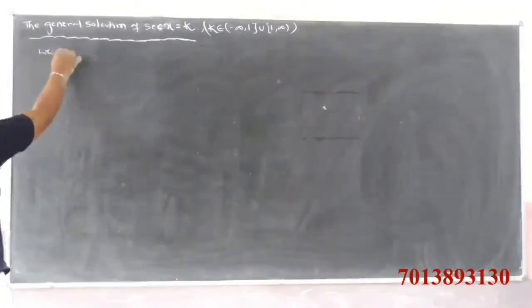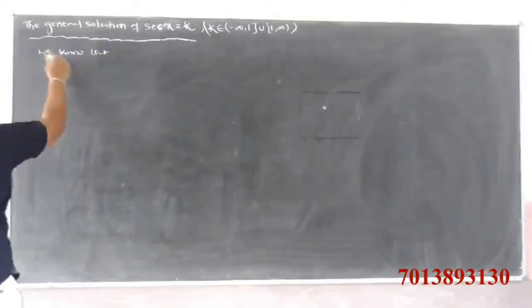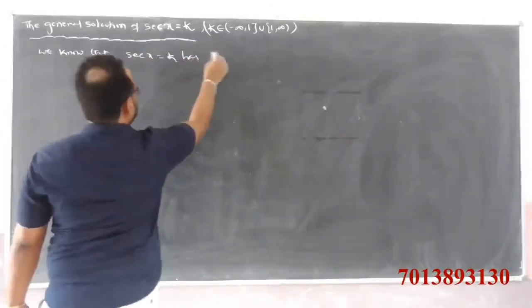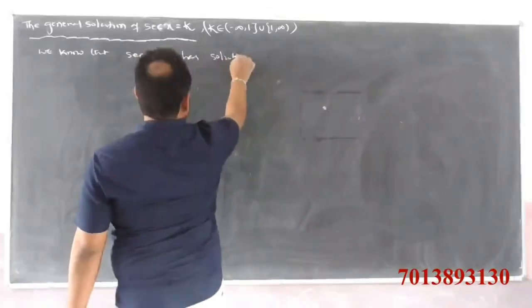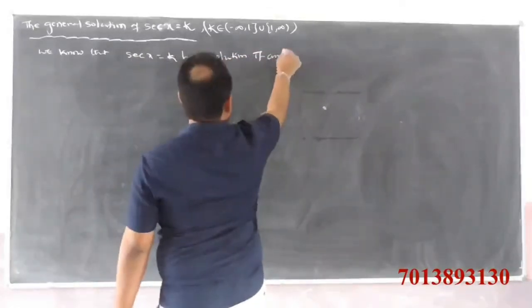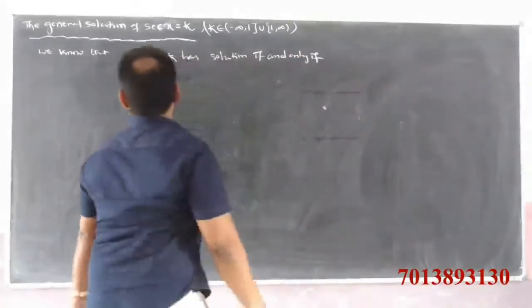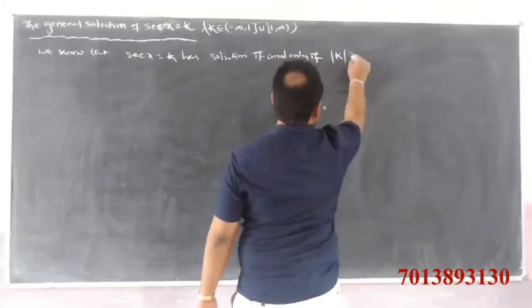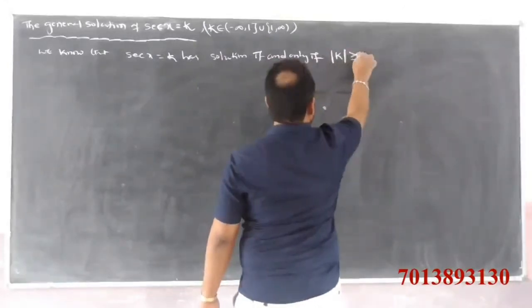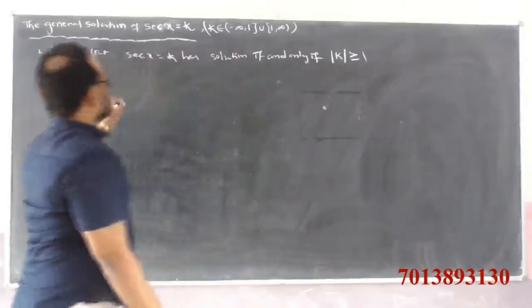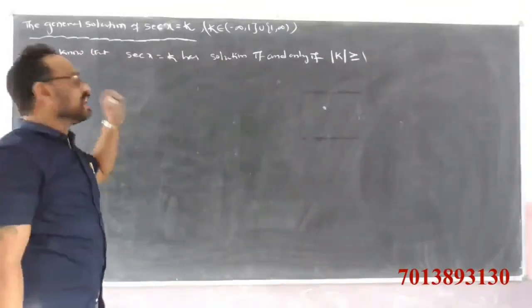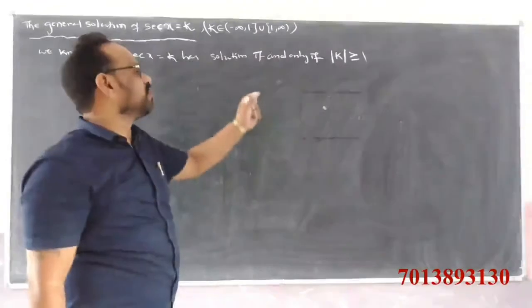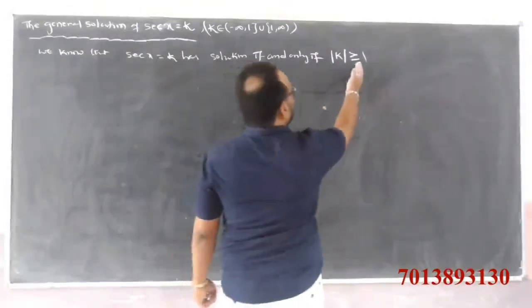We know that secant x equals k has a solution if and only if the absolute value of k is greater than or equal to 1.